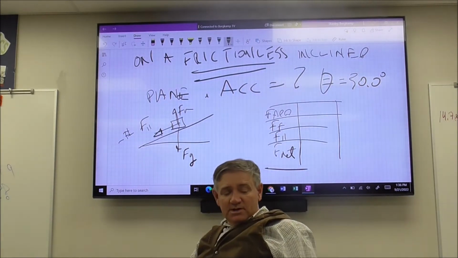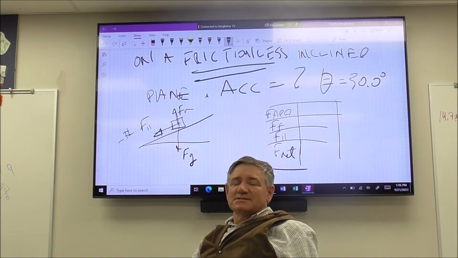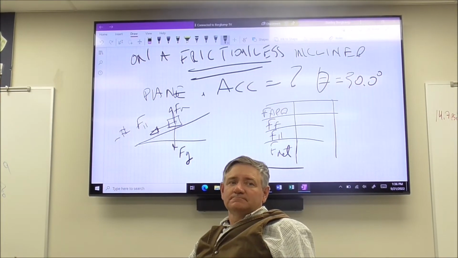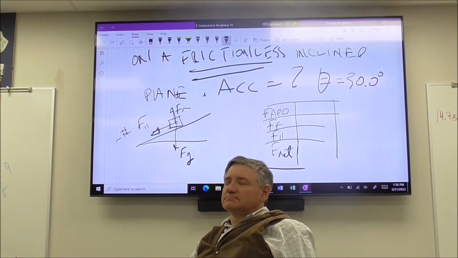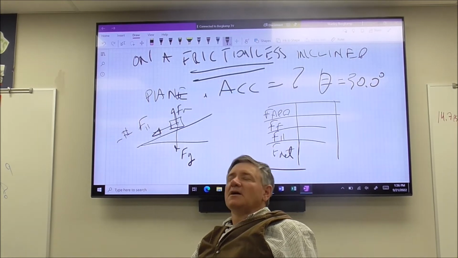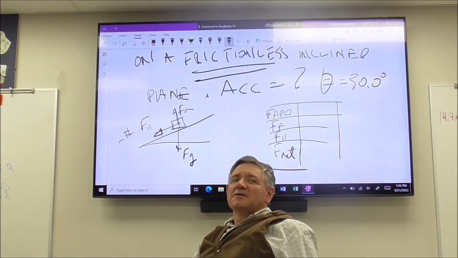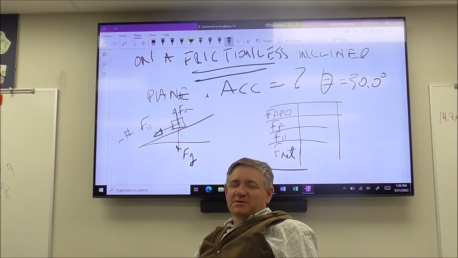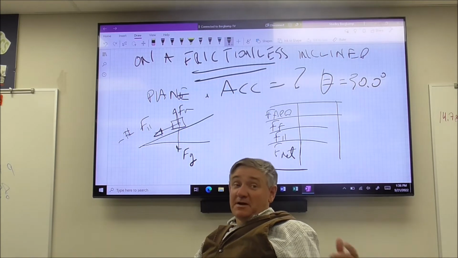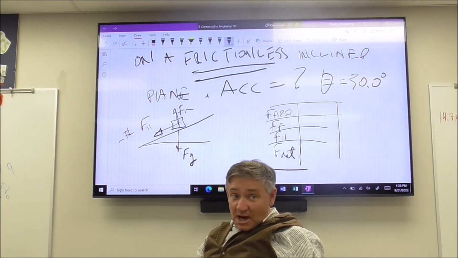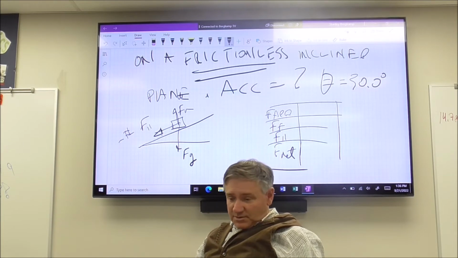So right away, what do you know your net force is not going to equal? What if your net force equals 0? What's your acceleration going to be? 0. So by virtue of the fact that I'm asking you to calculate an acceleration, my net force is not going to equal 0.